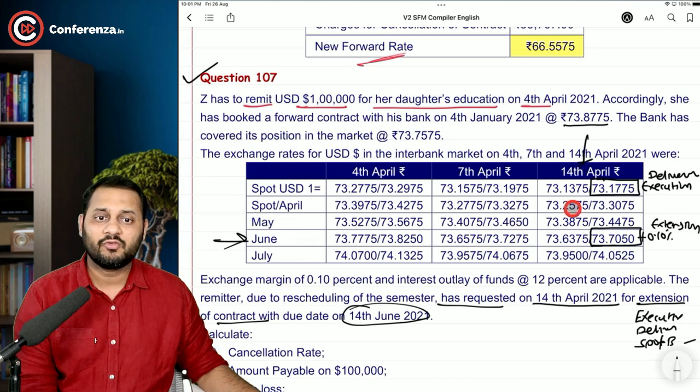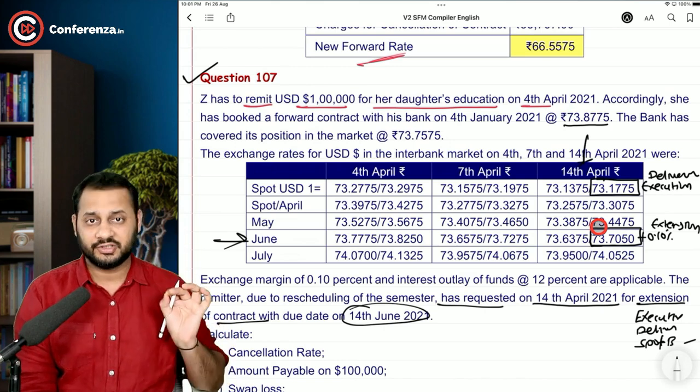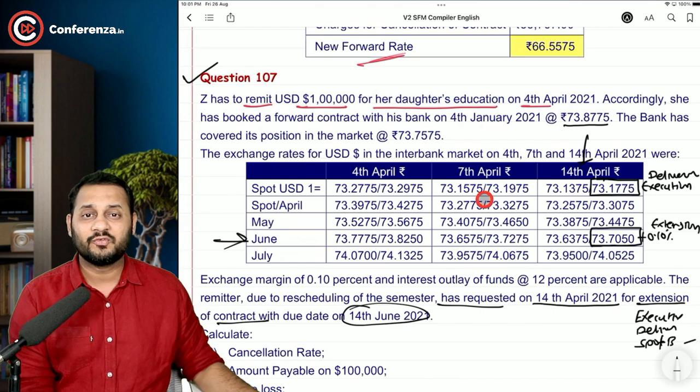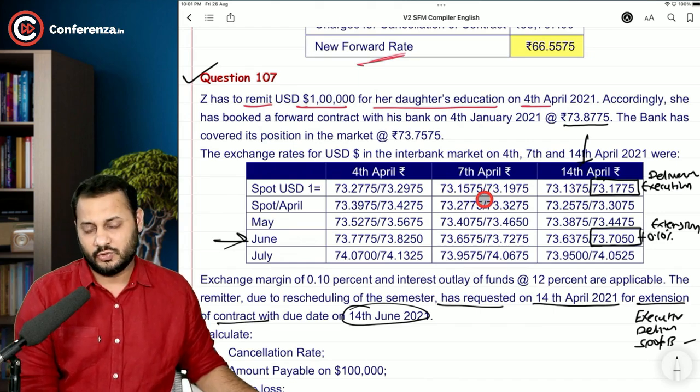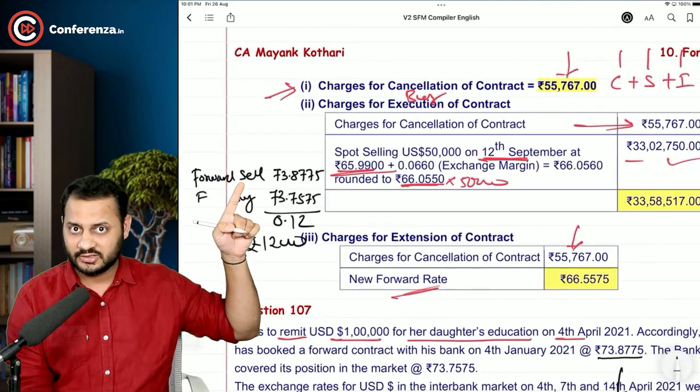But since you have gone beyond 7th April, or beyond 3 days, what will happen? For the cancellation, we are going to use the rates of 7th April. Now, we have a forward sell contract with the customer.